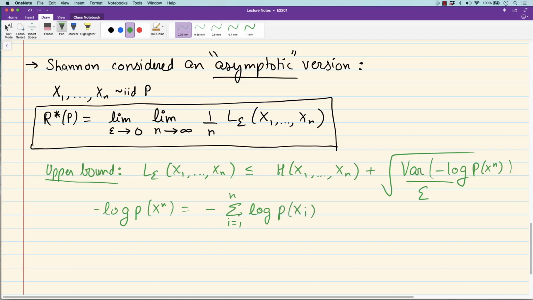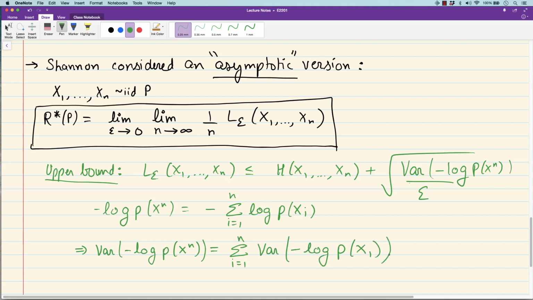So this is a sum of IID random variables, and therefore its variance, this is some property which is very important, we saw it in the first few lectures, is also equal to the sum of individual variances. Okay, it's n times the variance of minus log p x1. So this is some bound for the variance.